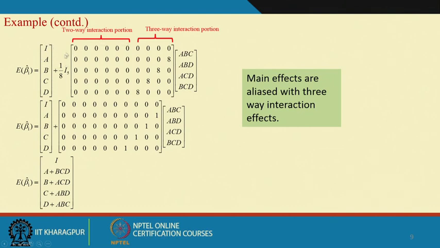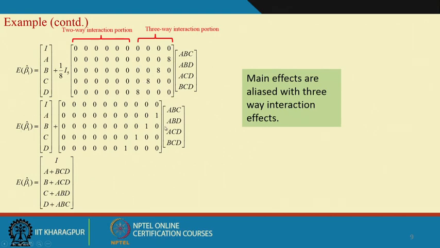Then if you find out the expected value, using the alias structure 1 by 8 I5 times x1 transpose x2, you see what is happening here: in the two-way interaction parts there is nothing, only 0, and in the three-way interaction part there are some values.